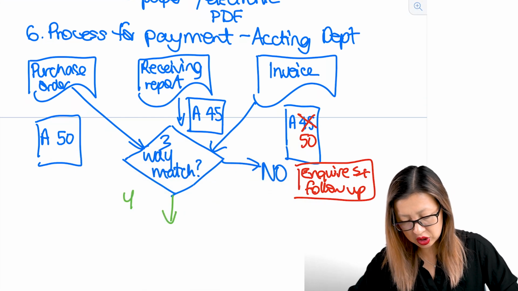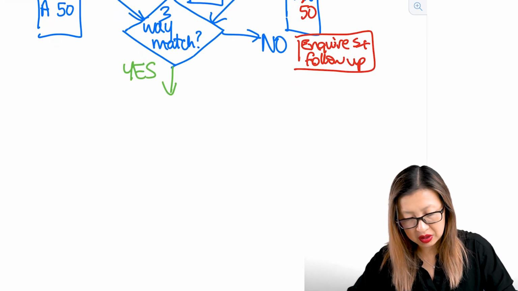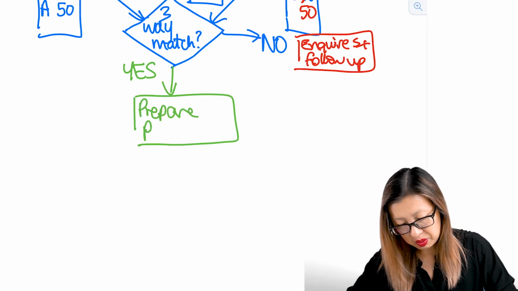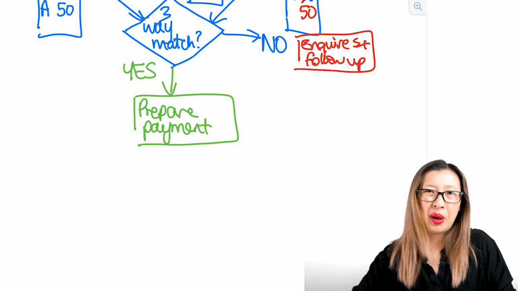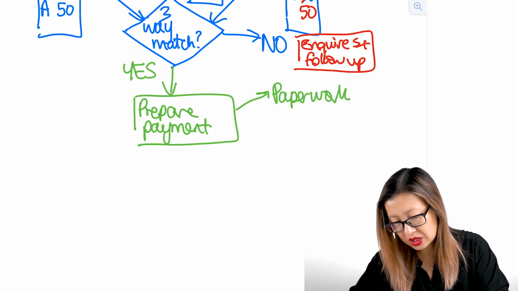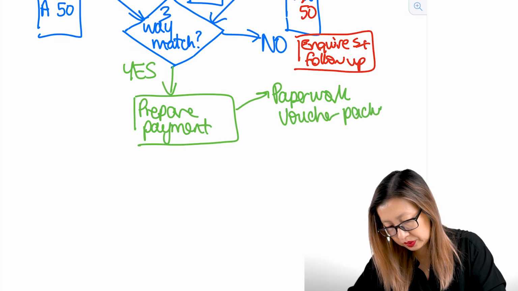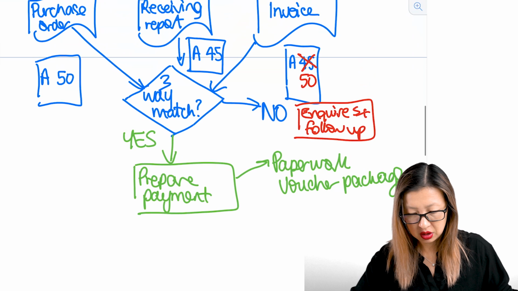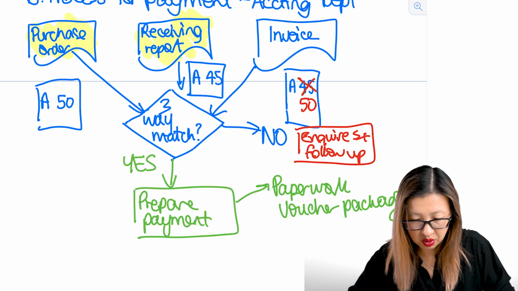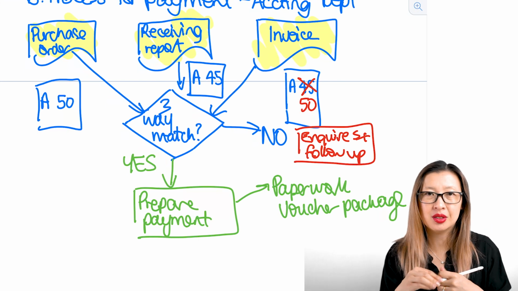Now, if it does match, if we get a yes, then we can proceed to the process of preparing the payment, all right? So we're going to prepare the payment. Now, preparing the payment usually involves a couple of different things. There's some paperwork, which essentially is what they often call a voucher package, which will contain from up here the purchase order, the receiving report, the invoice, and then a cover sheet that says, yep, we've checked all these things, everything matches off.